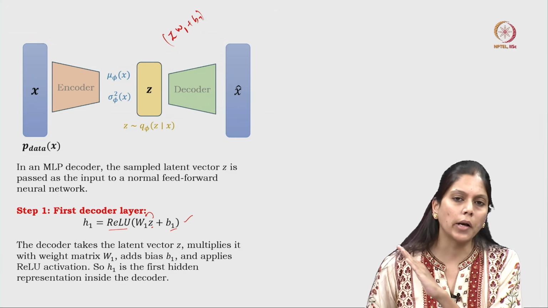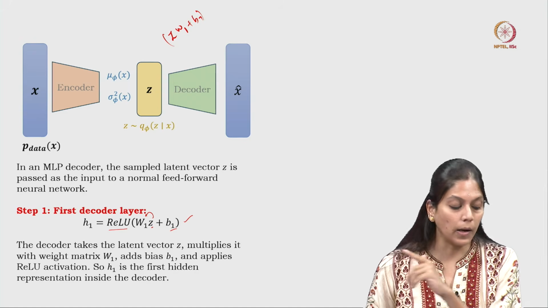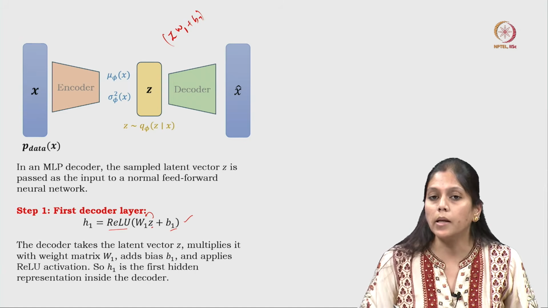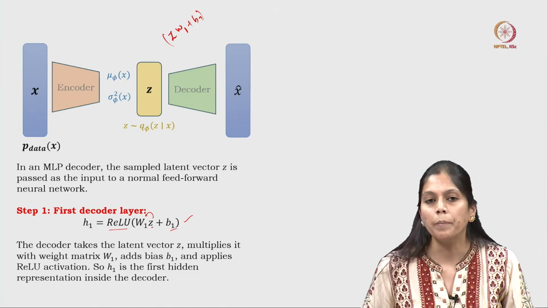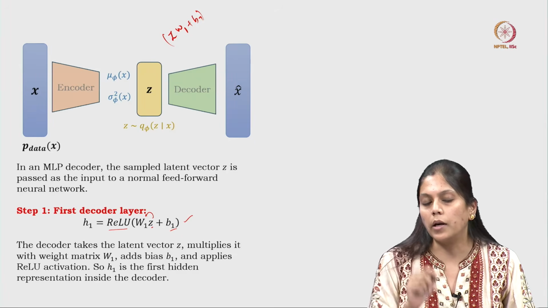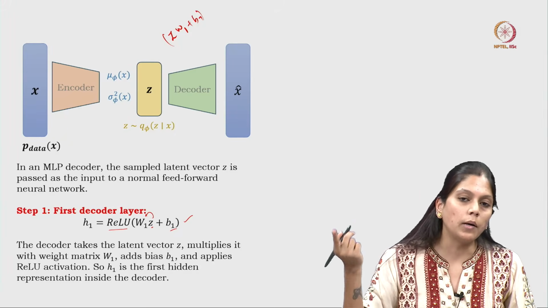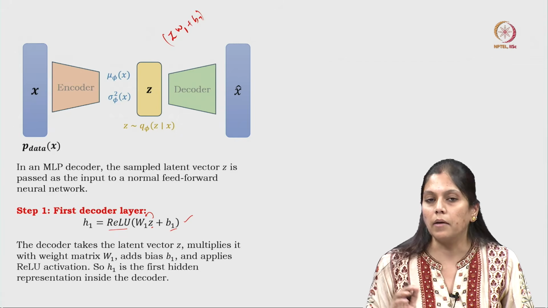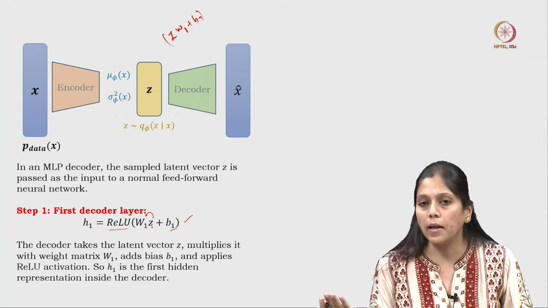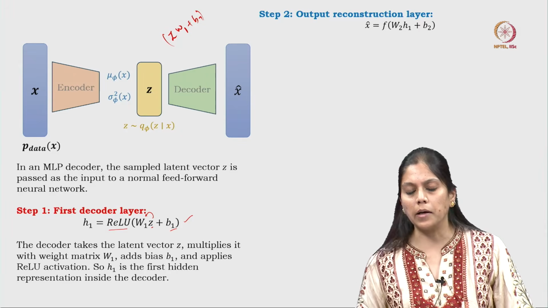Once you pass Z to the hidden layer, we are going to get the output. Now that output will be passed to the next layer. So here the next layer is the output layer. What are we passing? Here the output is denoted as H1. This H1 will get multiplied with the weight matrix, and then you will be adding the bias, and definitely there will be an activation function there as well. So is the equation not written in this way?